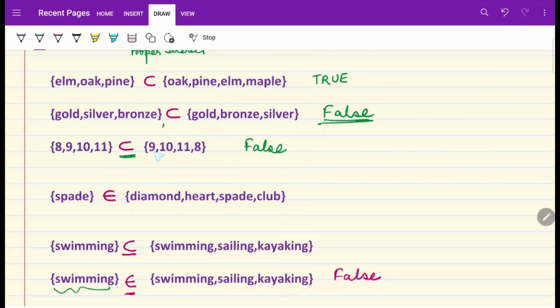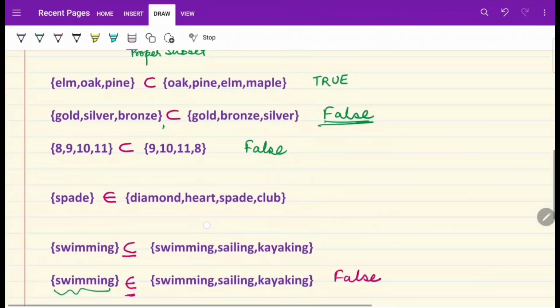Because the set and the subset are the same. They are valid if we are just talking about subsets, but because this is the symbol for a proper subset, that is the reason we have to say it's false, because the set and the subset cannot be the same.